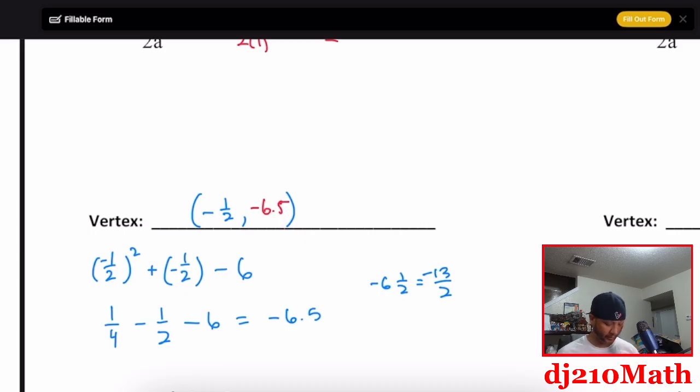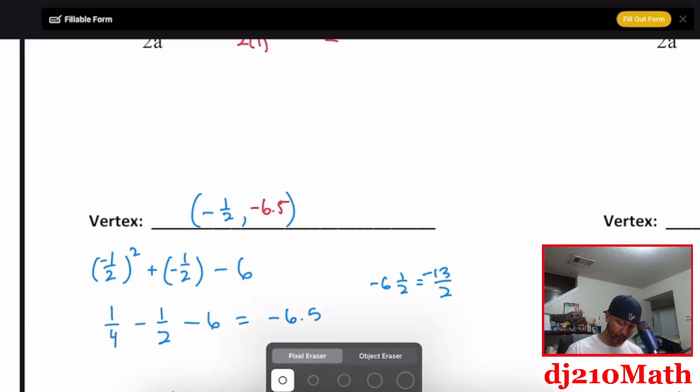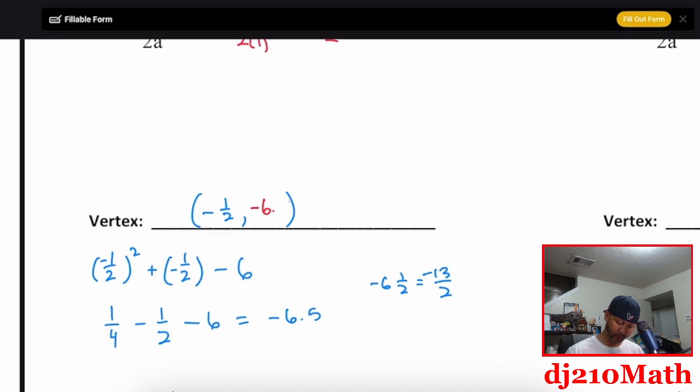Is that correct? That's not correct. A quarter minus a half. A quarter minus a half is negative a quarter, not a half. So a quarter minus a half is negative 1/4. Minus 6.